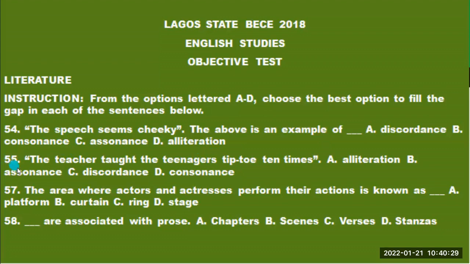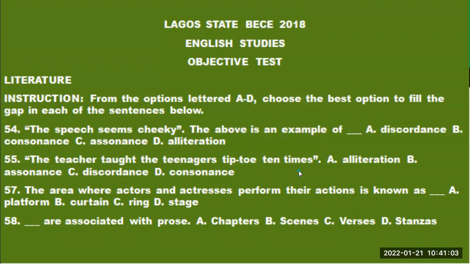So question number 55: "The teacher taught the teenagers tiptoe 10 times." This is an example of alliteration. Of course, we are talking of sound, so we may not count D because this has a different sound in the English language. But we find T in teacher, the initial sound, in taught, in teenagers, in tiptoe, in 10, in times.